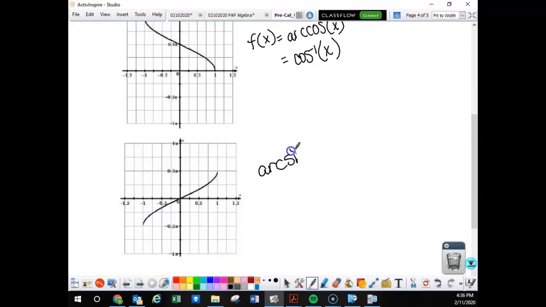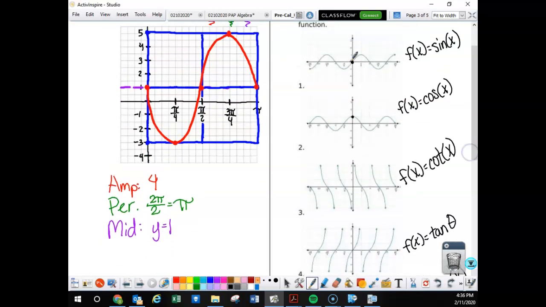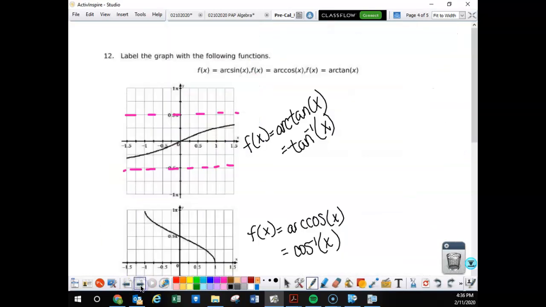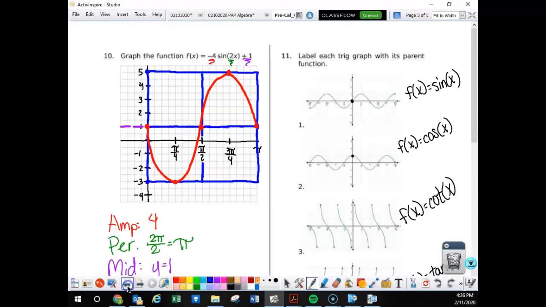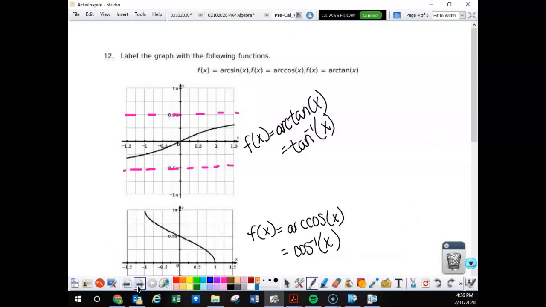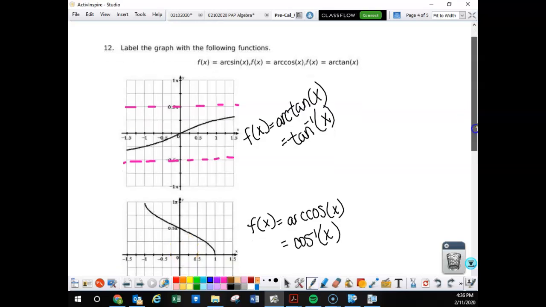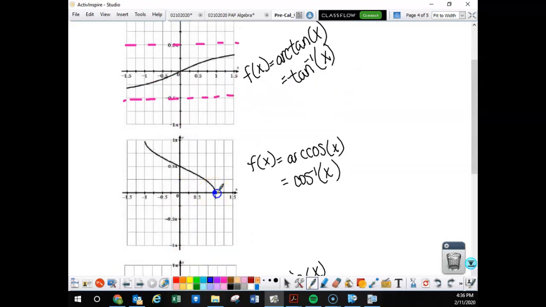And the way I remember arc sine and arc cosine is that my sine graph goes through the origin, right? So arc sine is also going to go through the origin. And then cosine is at 0, 1. So if I flip those, arc cosine is going to be at 1, 0.